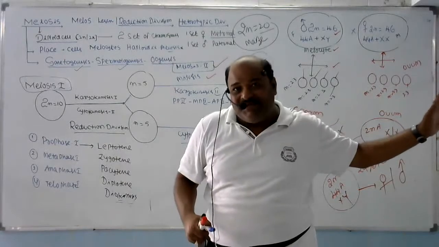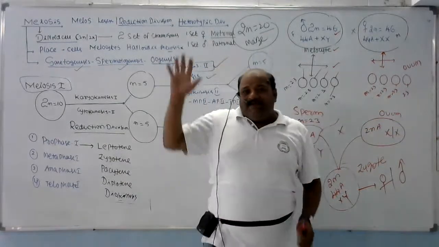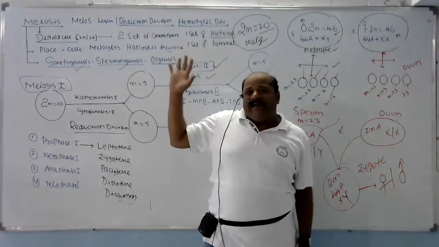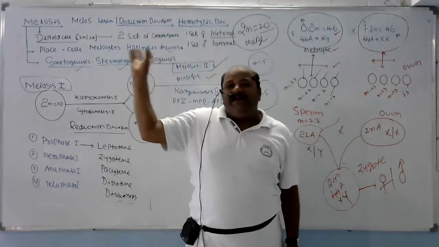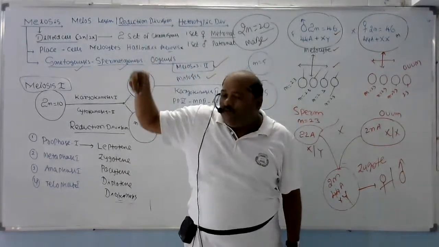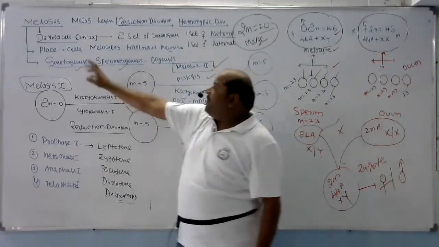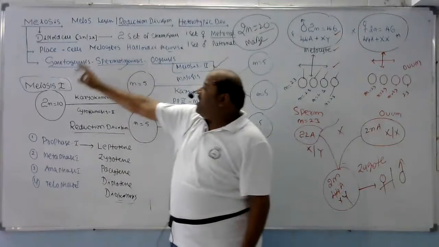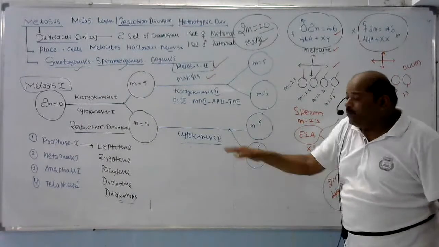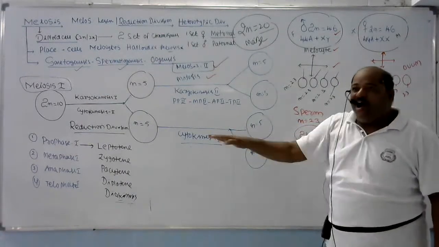That is the concept. Once the meiosis process happens, a diploid cell undergoes reduction division and forms 4 haploid cells. Compared to the parental cell, the daughter cells' chromosomal number is reduced to half.